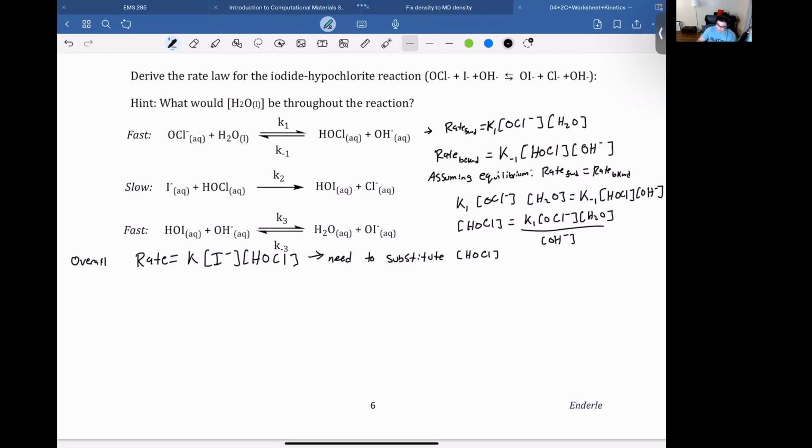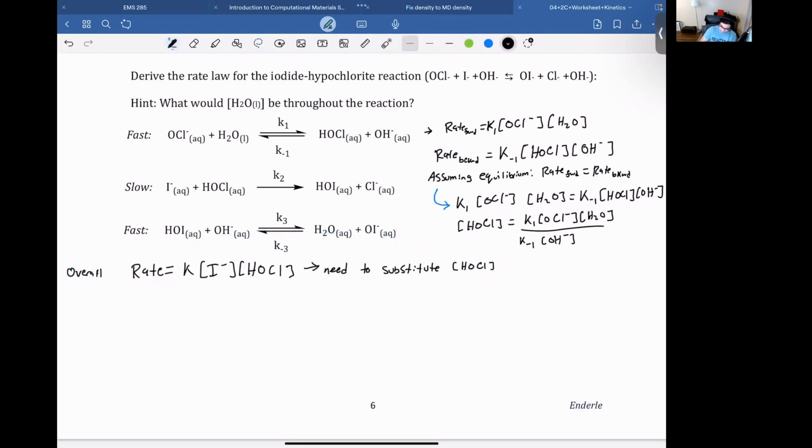And then we have a K negative 1 down here, right? The backwards one. So this is just by algebra. And then this one is a consequence of assuming equilibrium. And all you have to do is plug this in.